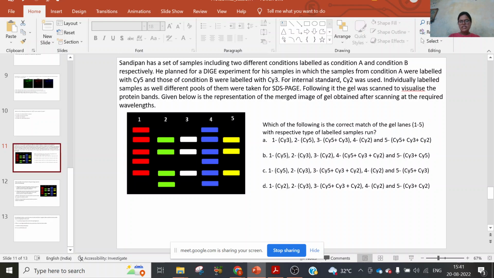See the image, see what is already mentioned. Condition A and condition B. So condition A was labeled with Cy5, condition B was labeled with Cy3. So now what is the correct answer? Think from the image and let me know. I'll give you some time.